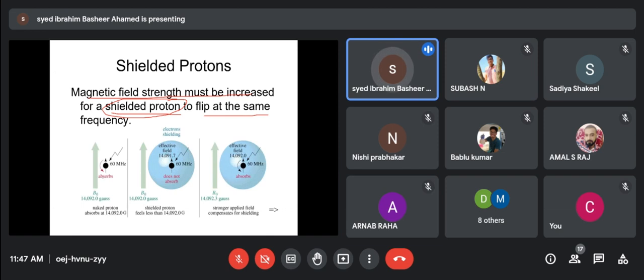So here you can see, assume this is a proton which is not surrounded by any electron. So there is no shielding effect. This nucleus is free to be exposed to the external field.